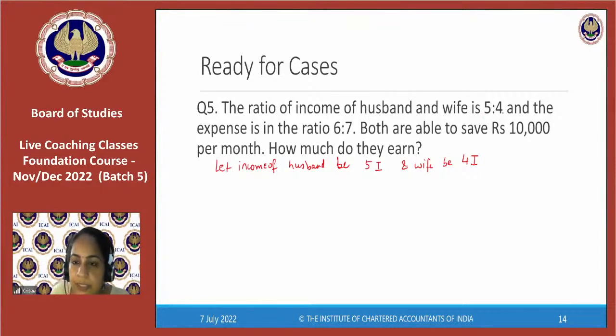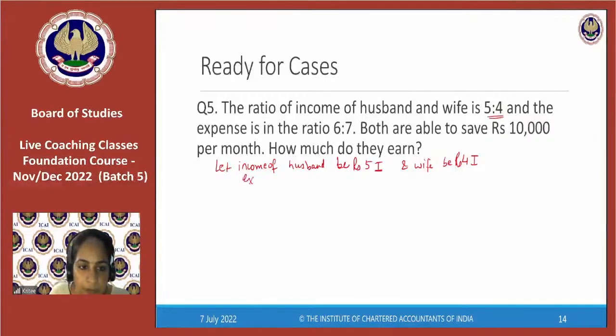We can always split the ratios by multiplying a common number over there. Then the ratios can be split up. Ratio is the simplest form of the expression. So there must be some number with which it is multiplied and then we get the actual quantity. So let the income of husband be 5I rupees and income of wife be 4I rupees.